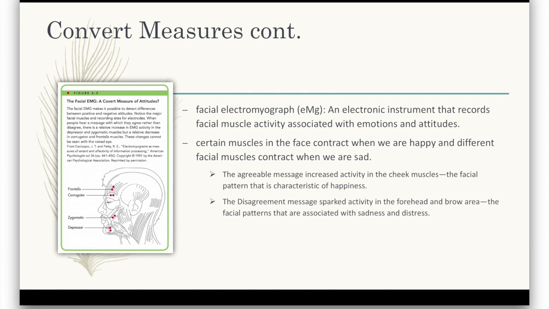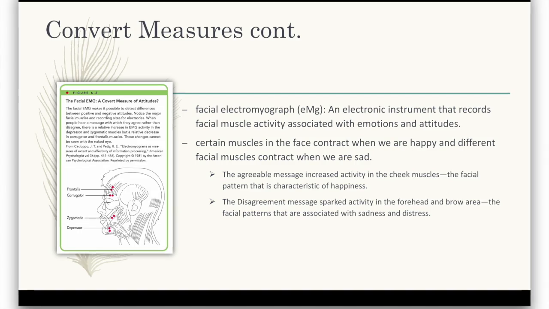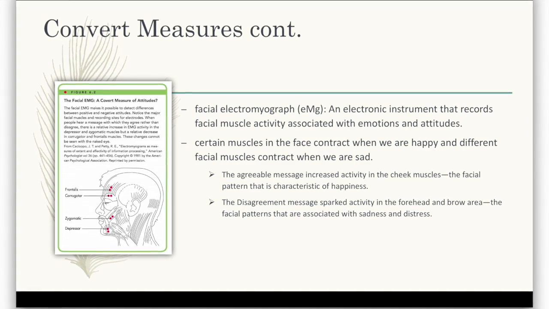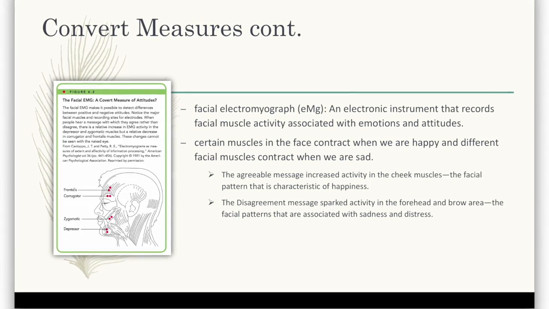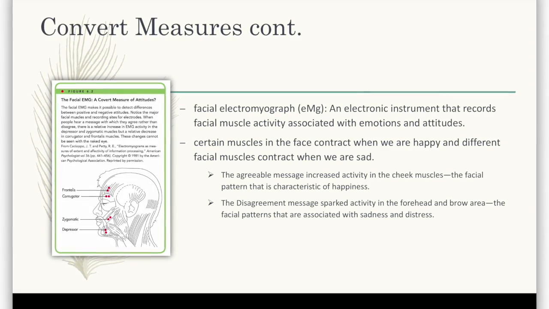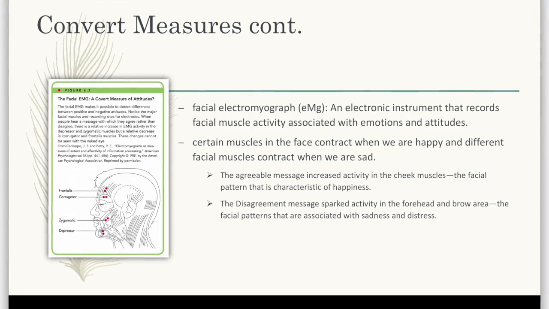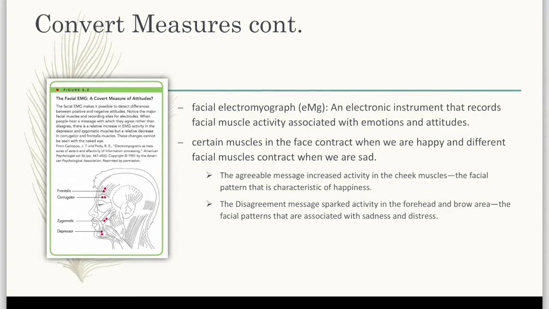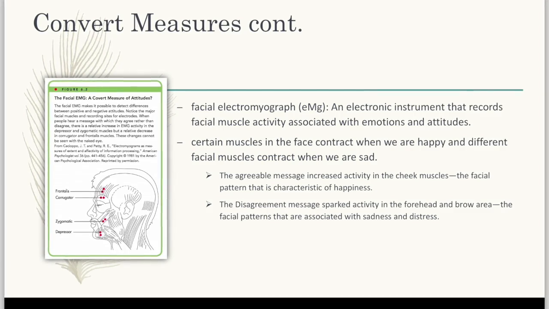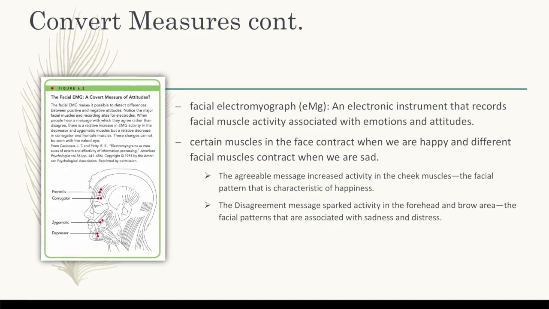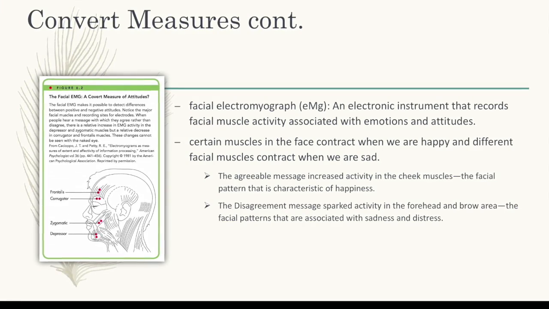There are instruments out there that can detect these uncontrollable behaviors that we demonstrate when we are emotional or have certain attitudes. For example, the facial electromyograph, also known as the EMG, which is an electric instrument that records facial muscle activity associated with emotions and attitudes. So, for example, there are certain areas in our faces that are linked to happiness and sadness as well.